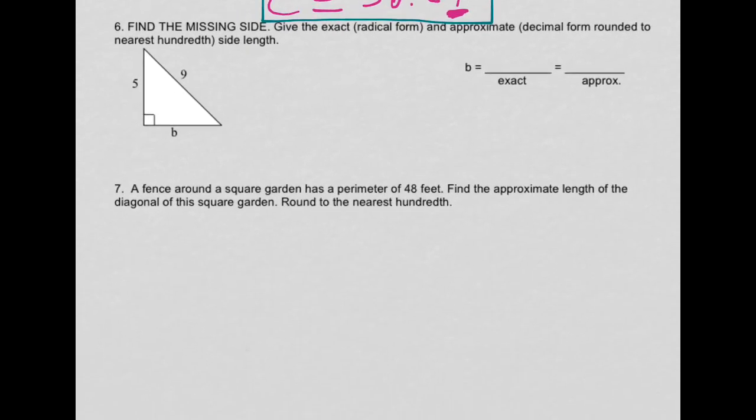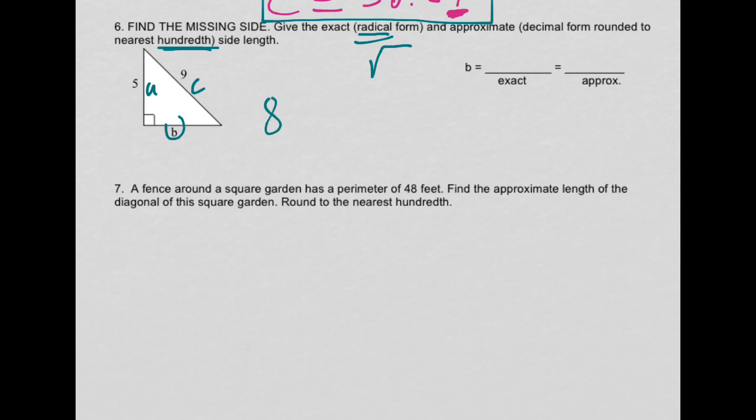All right. Number 6, find the missing side. Give the exact form, the exact radical form, so your answer is probably going to have some kind of radical in it, and approximate form, round to the nearest hundredth. That's just like we did last time. Still, you're going to have your c squared equals a squared plus b squared.